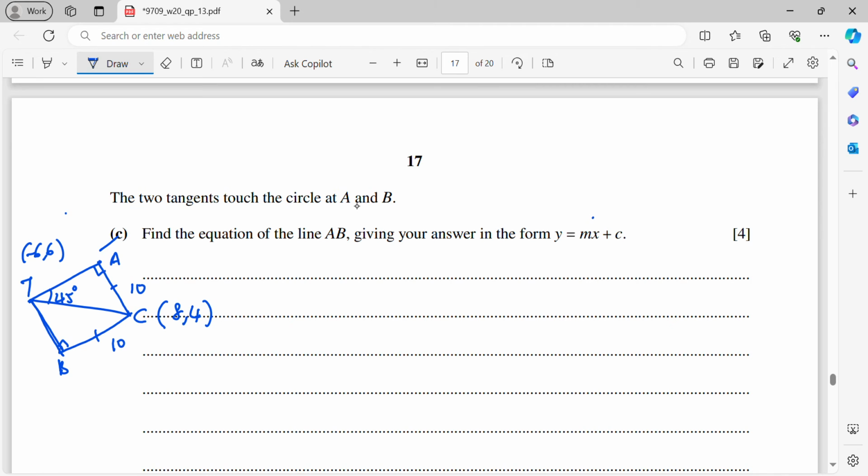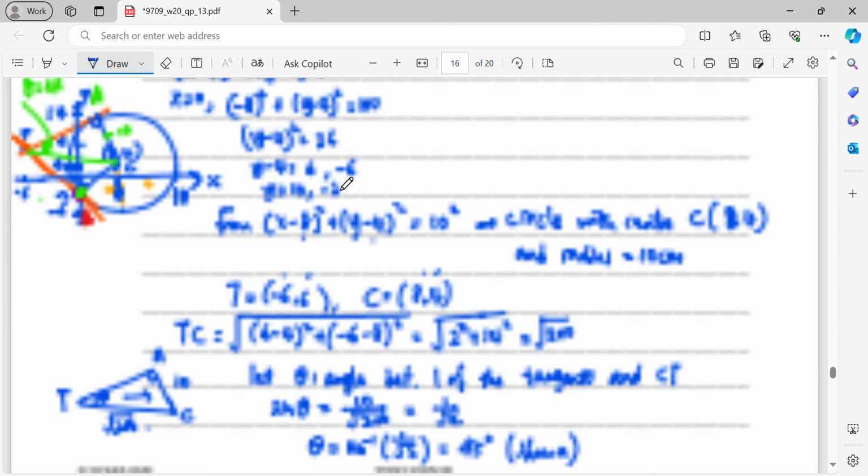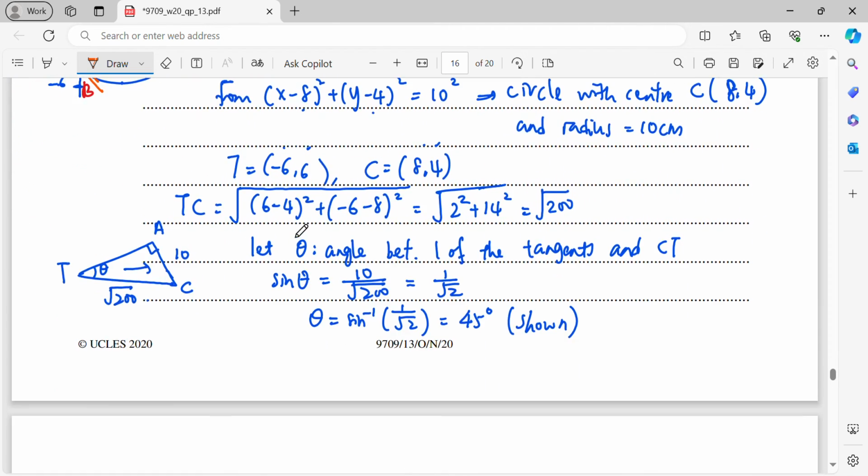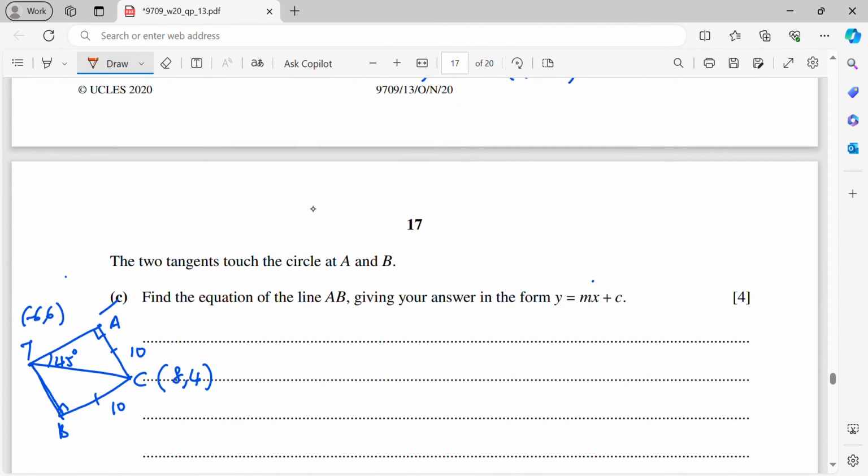So I can find the midpoint of TC. Right. So we have proven that this is 45 degrees. Since these two are tangents, that means here is also 45 degrees. Then I will just cut into 2.